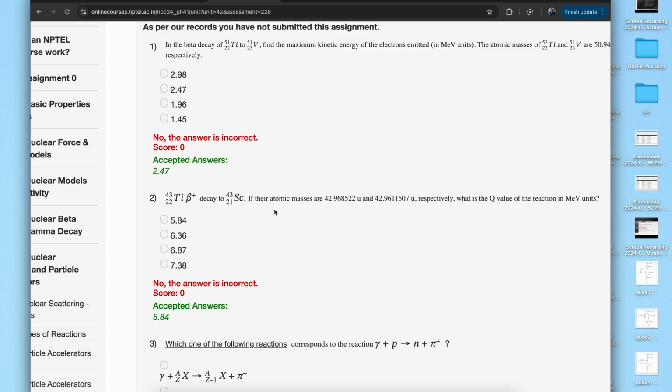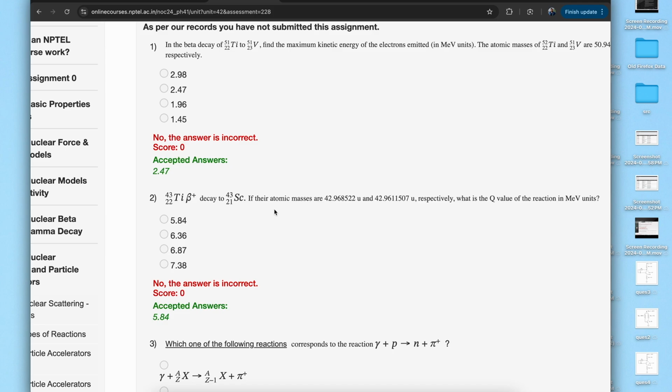So taking this equation, M minus Z me is equal to Z mp plus (A minus Z) mn.